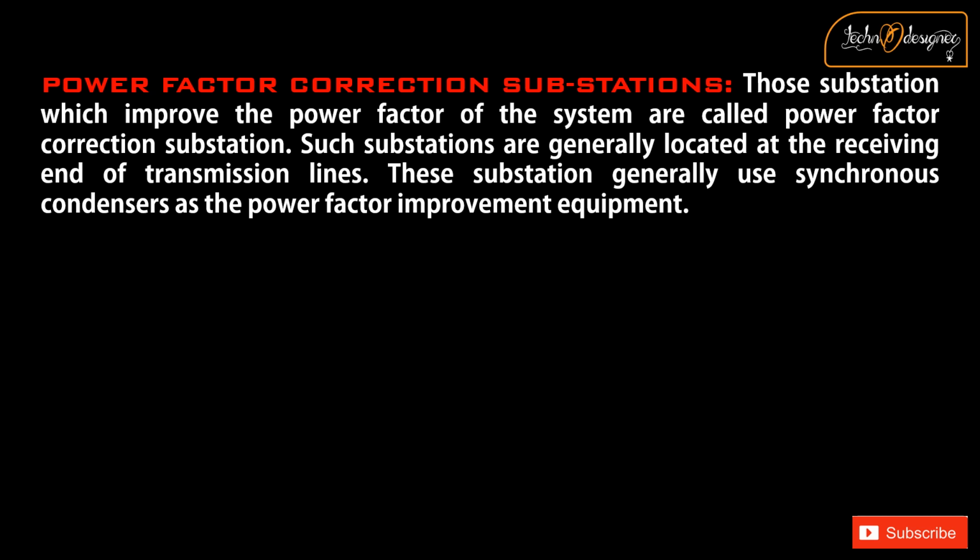Those substations which improve the power factor of the system are called power factor correction substations. Such substations are generally located at the receiving end of transmission lines. These substations generally use synchronous condensers as the power factor improvement equipment.